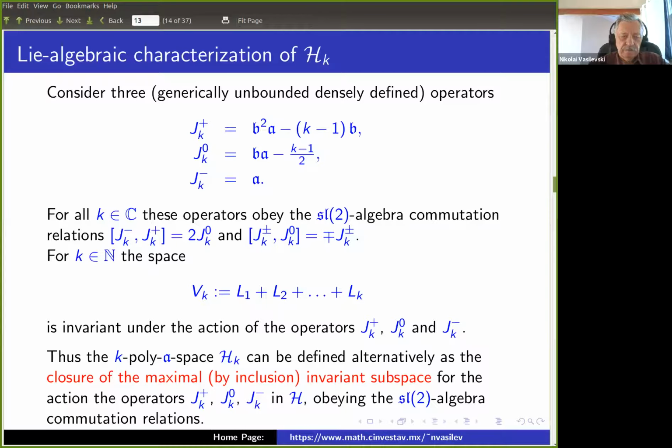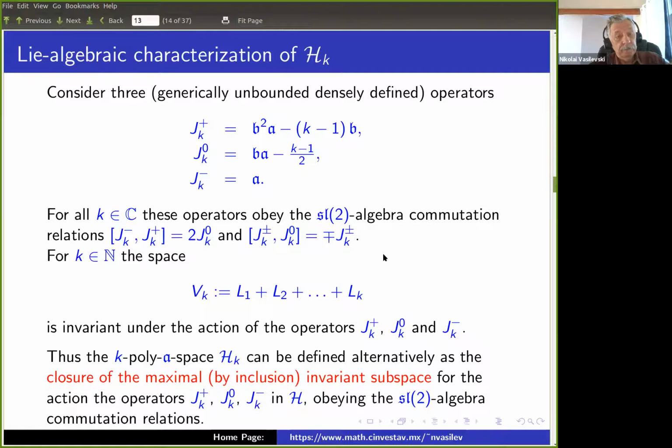This is the very well known commutation relation of the SL2 algebra. And one can detect that for natural numbers k, the space Vk we just introduced, the linear sum of L1, L2, up to Lk, is invariant under the action of the operators Jk plus, minus, and Jk naught.